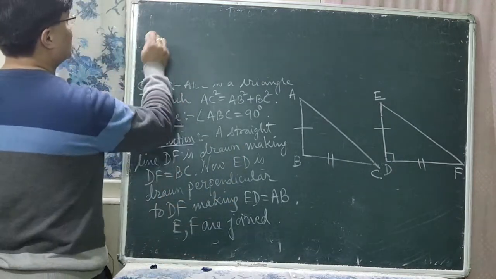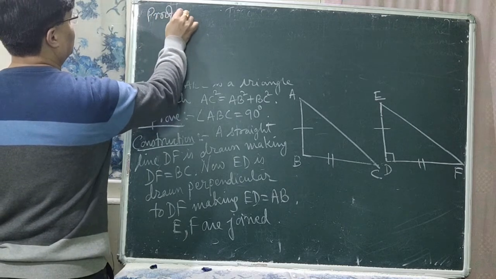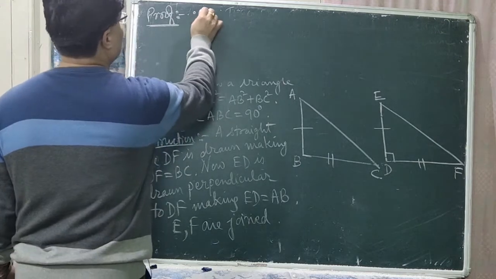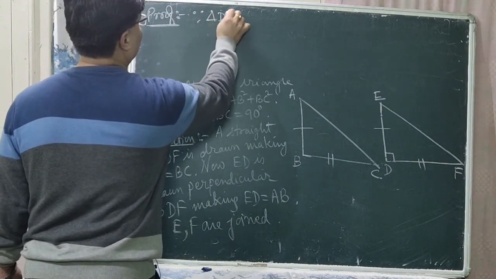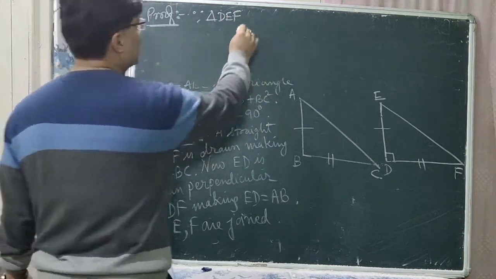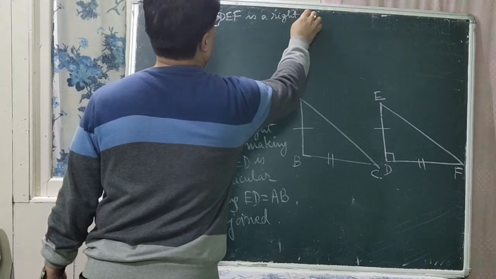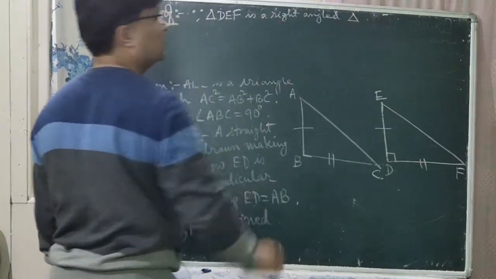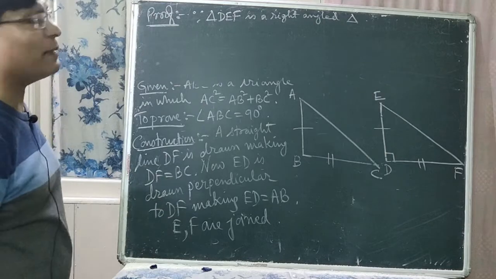So now in this case, proof: since triangle DEF is a right angled triangle, isn't it? Triangle DEF was drawn in the construction part.